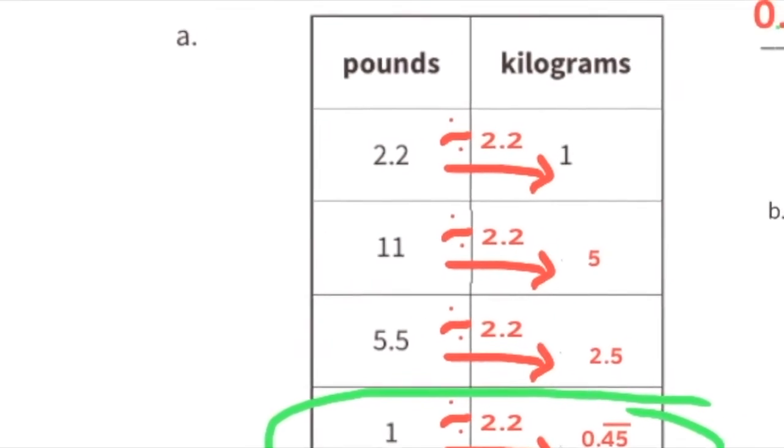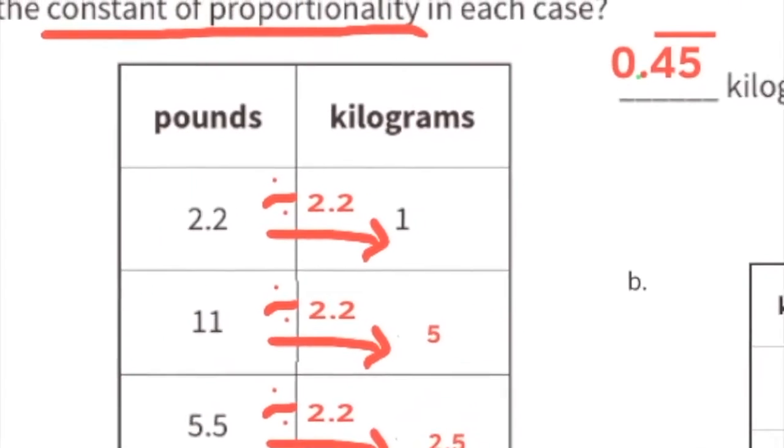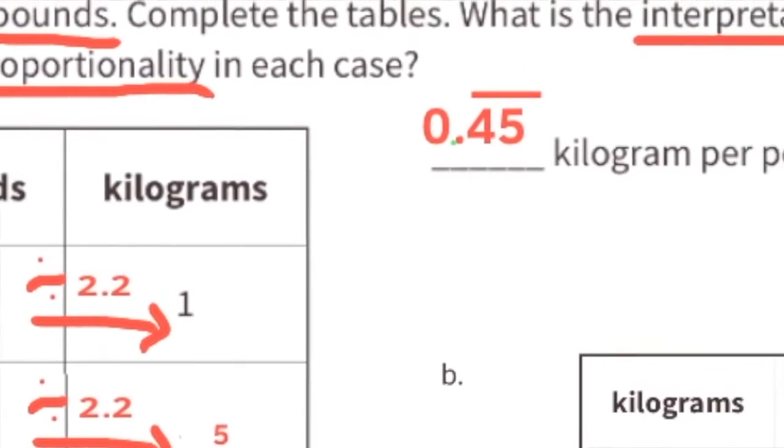And 1 pound divided by 2.2 equals 0.45 repeating kilograms. That turns out to be 0.45 repeating kilograms per pound.